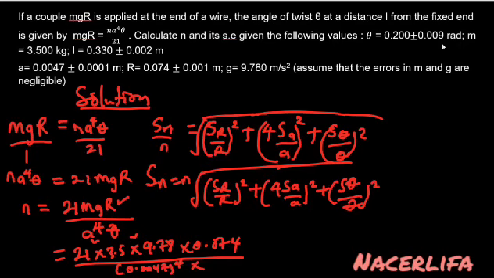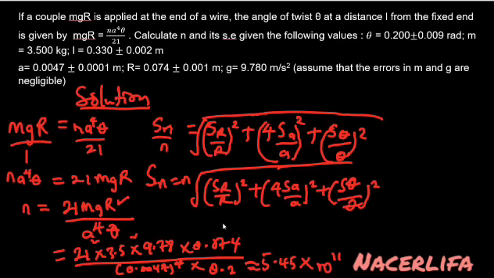The actual value of theta is 0.2. So once we do this math, we have that N is approximately 5.45 times 10 to the power 11. So we have gotten N.